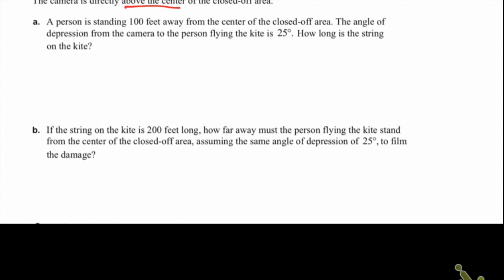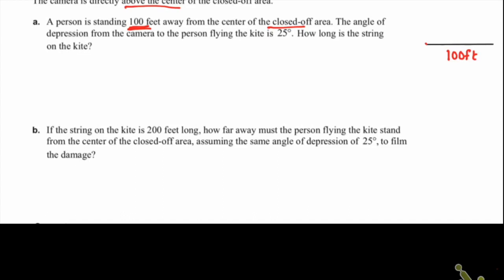So let's imagine this scenario, that a person is standing 100 feet away from the center of the closed area. If this is the closed area, a person is standing here, and that's 100 feet. And here is the person.